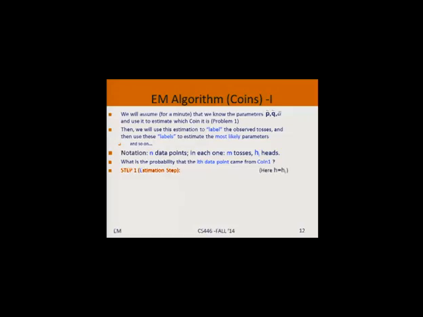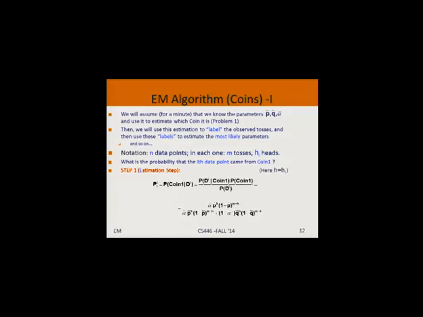So how do I write down the probability that a given data point came from coin 1? I'm going to denote it P1i: data point i came from 1. It's the probability that it's coin 1 given the data. Using Bayes' rule, P of D given coin times P of coin, divided by P of D. And we know how to compute it. The probability that it's coin 1 is alpha.